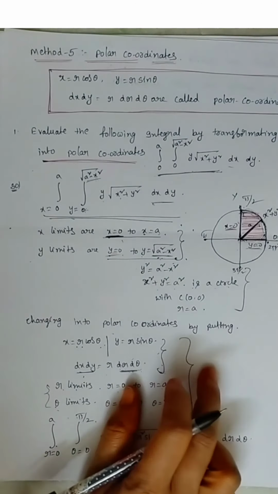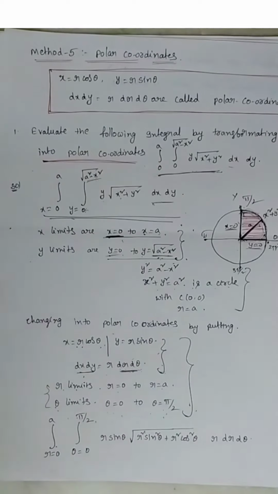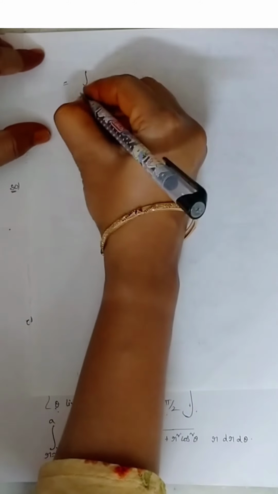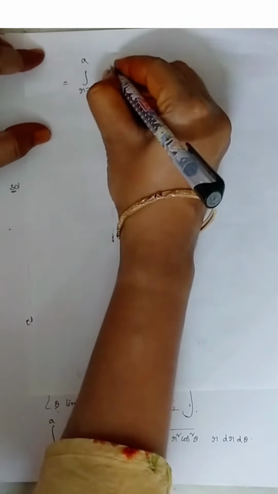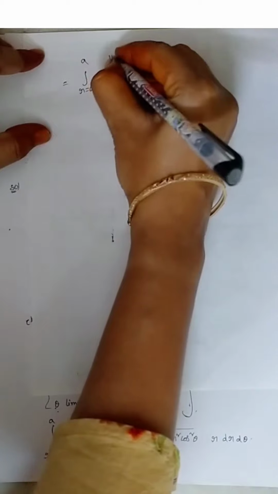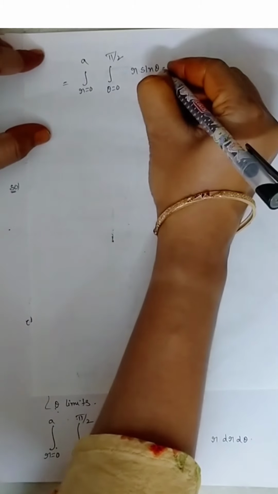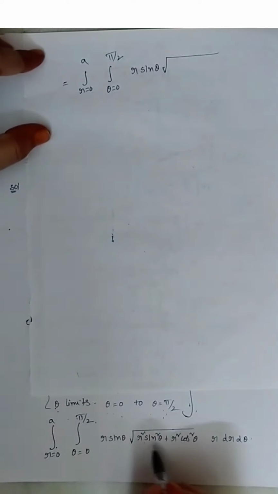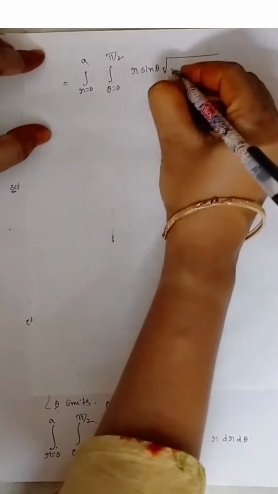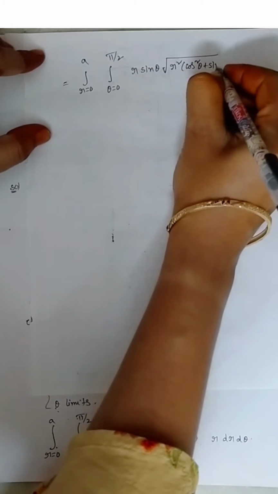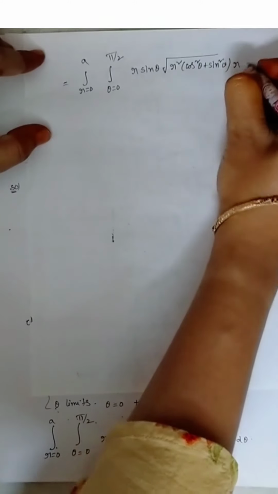Now we have to find the integral of this one. So this equals integral r equals 0 to a, integral theta equals 0 to pi by 2 of r sin theta into root of r square sin square theta plus r square cos square theta. If you take r square common, cos square theta plus sin square theta, into r dr d theta.